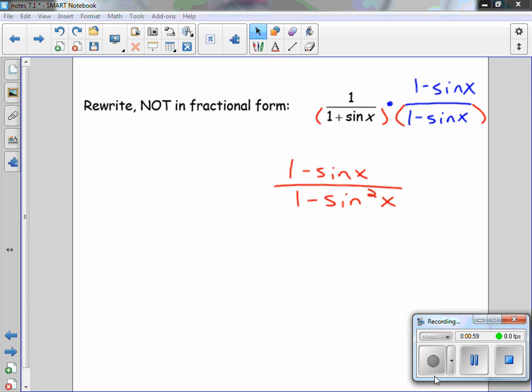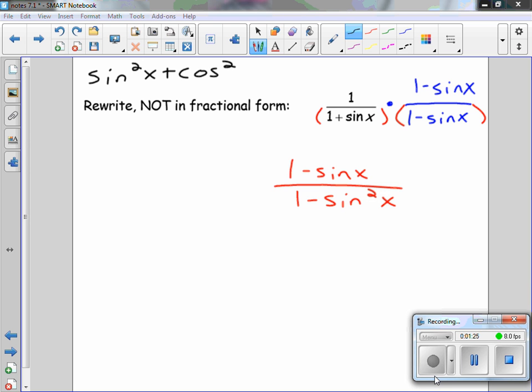Our whole goal in this problem is to make the denominator 1. So clearly the denominator is not 1 right now. If we use our Pythagorean identity, though, 1 minus sine squared x would be equivalent to, so our Pythagorean identity is this.